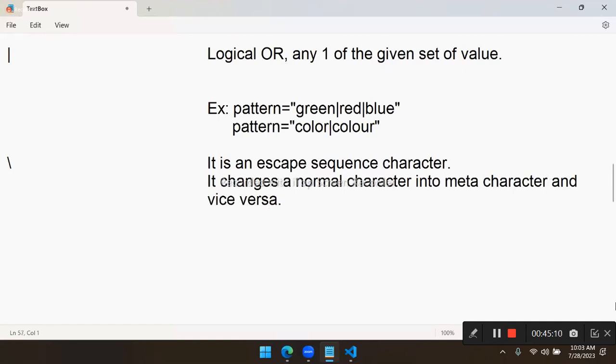It changes a normal character into a meta character and a meta character into a normal character. That is very important because when you are using meta characters, the problem I will show you what it is. What is the purpose of slash? This slash can convert an ordinary character to meta, and it can convert a meta character into an ordinary one, because sometimes the compiler uses some characters that you use in daily life.